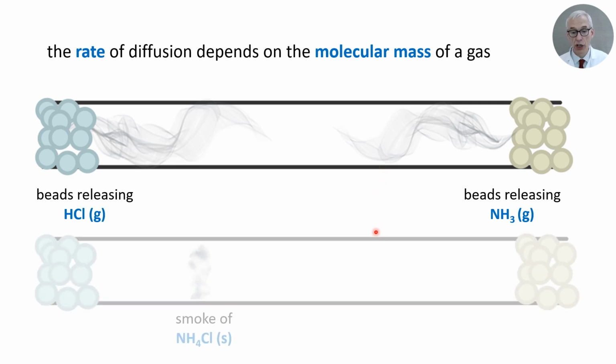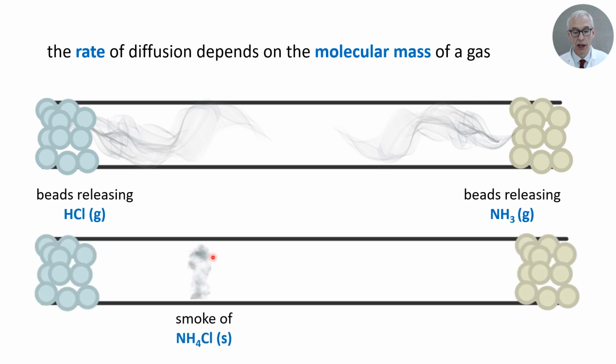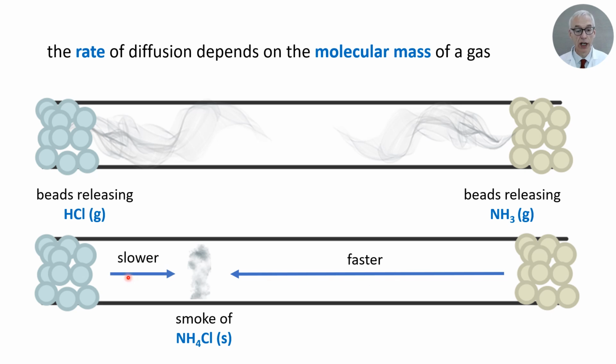As time goes on, we see a reaction between hydrochloric acid and ammonia forming ammonium chloride, but that does not occur in the center of the tube for the simple reason that ammonia has a lower molecular mass than hydrogen chloride and therefore moves faster. Hydrogen chloride with the higher molecular mass moves more slowly.